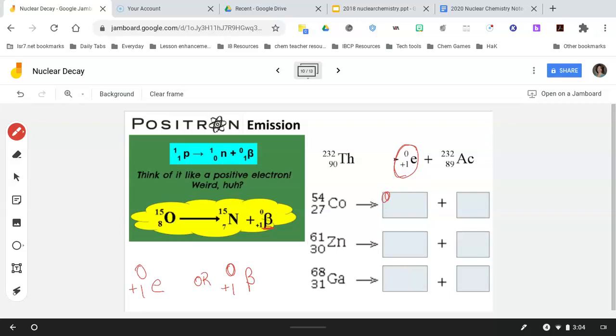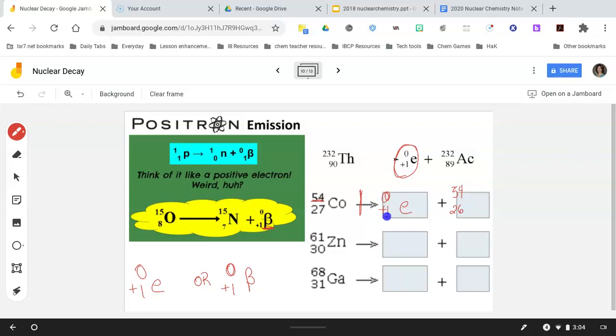It's a positive electron. So if I know that cobalt 54 is going to undergo positron emission, I write that first. No mass, positive charge, and then my E. The top number, what plus 0 equals my 54 target. That's easy. It's a 54. On the bottom, what do I add to a positive 1 to make it 27?